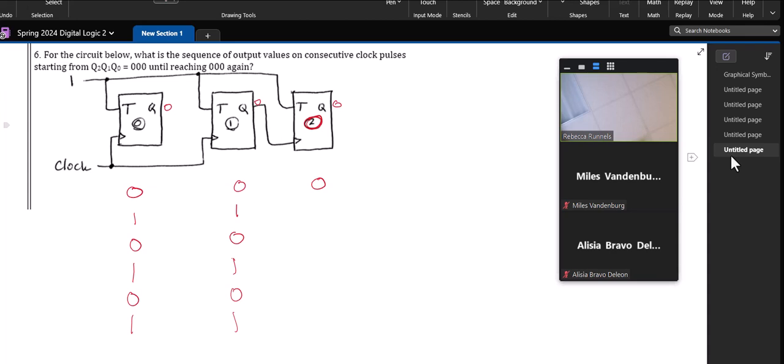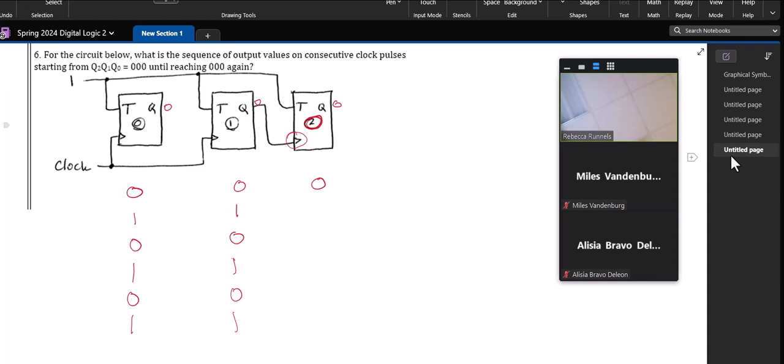The output from flip-flop 1 is going into the clock. And so that makes me say, oh, well, let me go back and look at my first two. No, my first two, the clock is attached to the clock, so that's okay. So this last one has the clock attached to the output from flip-flop 1.